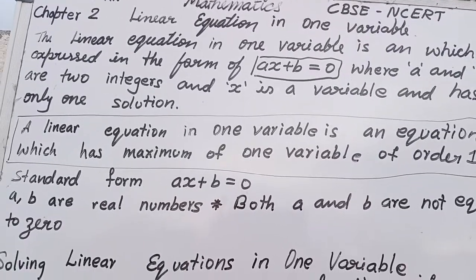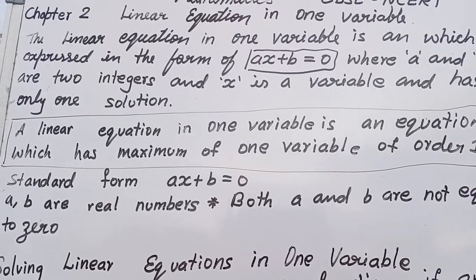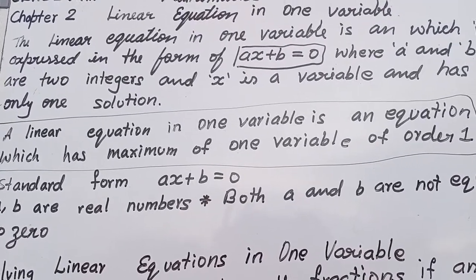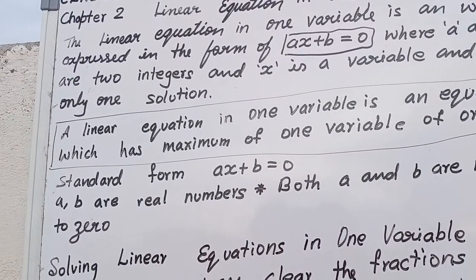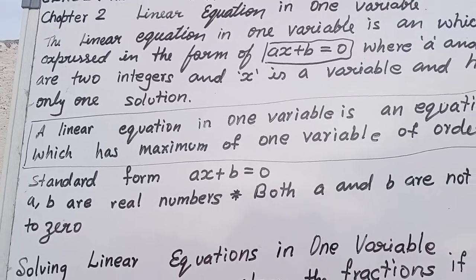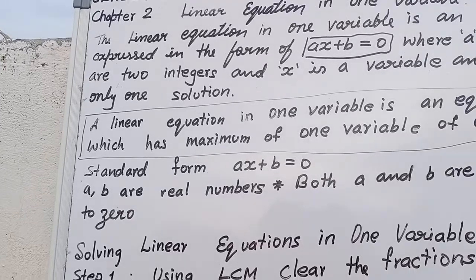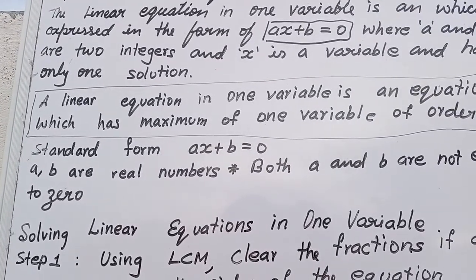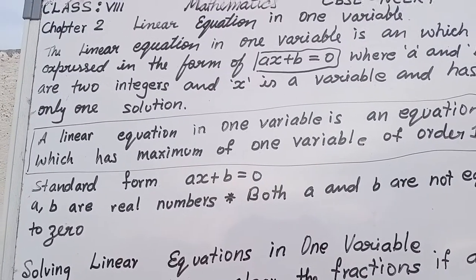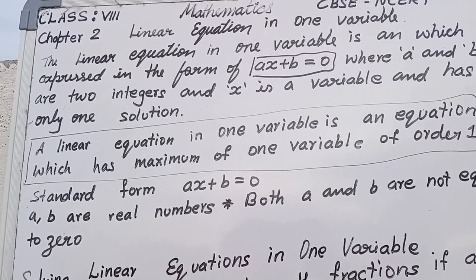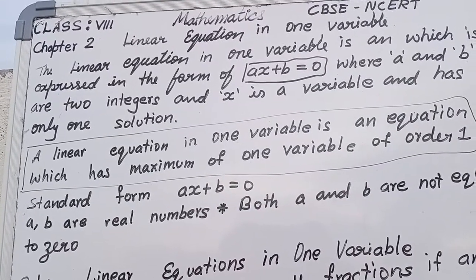Now we are going to solve the linear equation in one variable. There are 4 steps you can follow, according to the equation, my dear students. Step 1, use the LCM, the least common multiple, to clear the fractions if any.